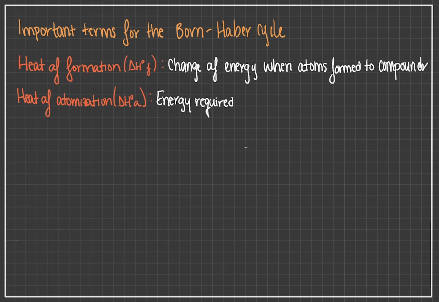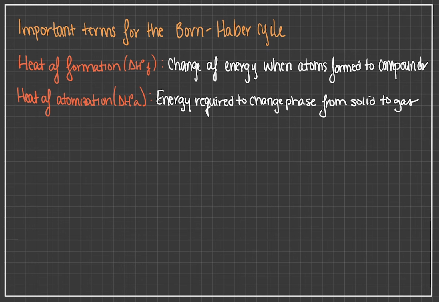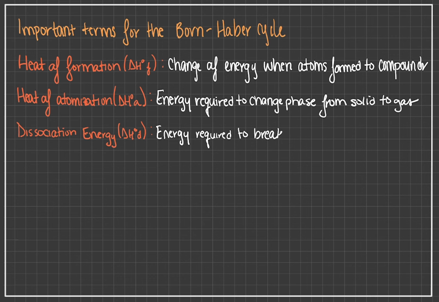So that is the energy required to change the state of our component A. Our dissociation energy is the energy required to break different elements apart. Say we have a compound like chlorine, which always naturally forms as Cl2, so we have a chlorine attached to a chlorine. We need only half of that compound. So this is the energy required to break apart our diatomic elements, and we're only going to need half because we only need half of our diatomic elements.